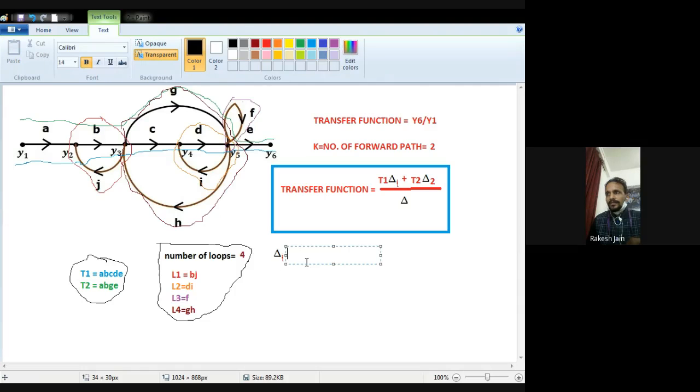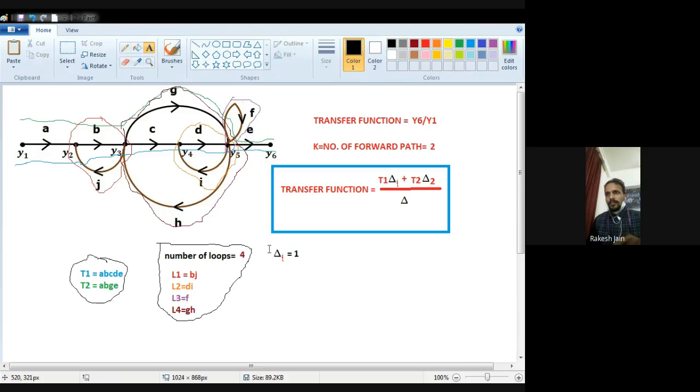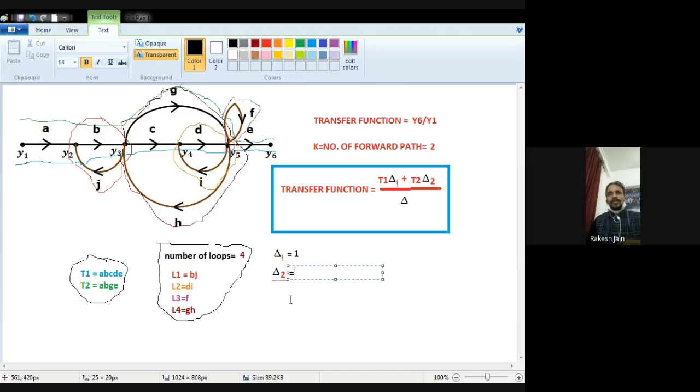Now I see what is the meaning of del 1. Del 1 is which loops do not touch the first forward path. See, the first forward path is A, B, C, D, E. All the loops, either it is BJ, either it is DI, either it is F, or either it is GH, touch the first forward path, either with the node or with the branch.